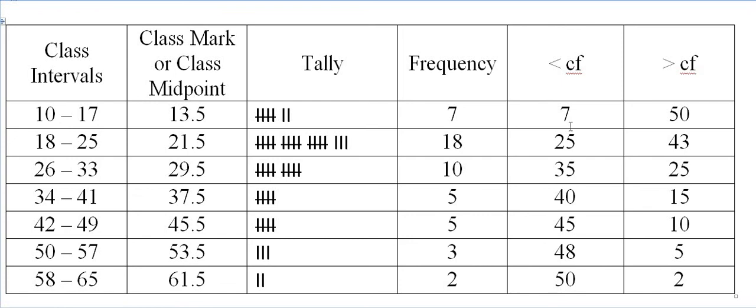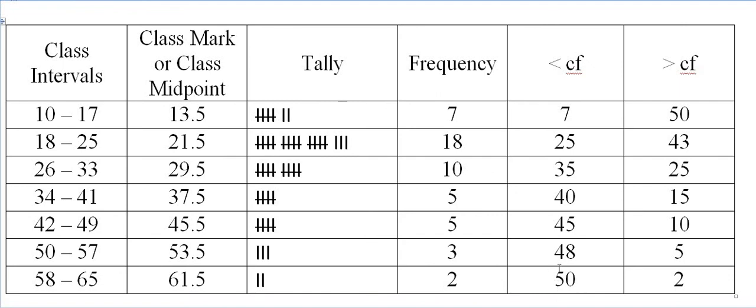Then 7 plus 18 equals 25. 25 plus 10 equals 35. 35 plus 5 equals 40. 40 plus 5 equals 45. 45 plus 3 will give us 48. 48 plus 2, we have 50.